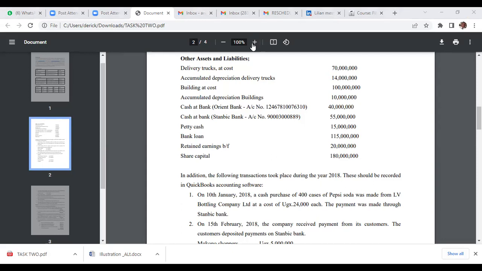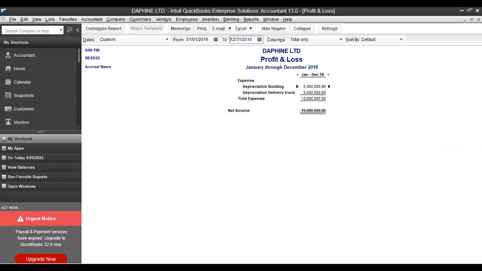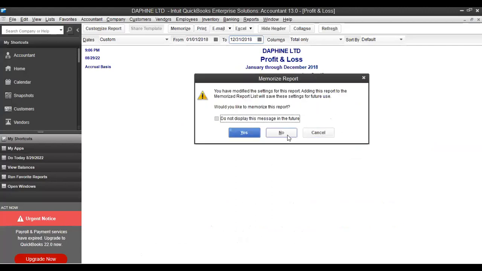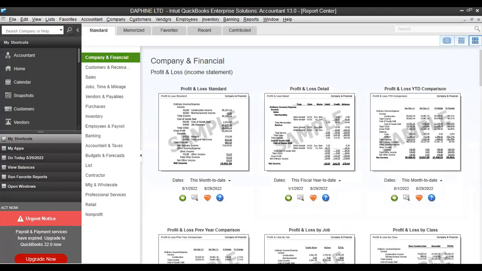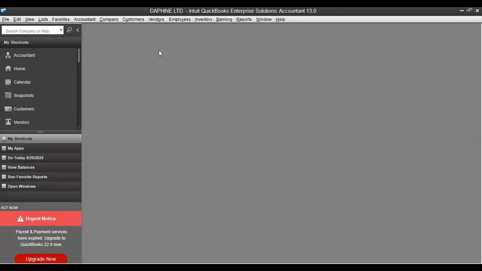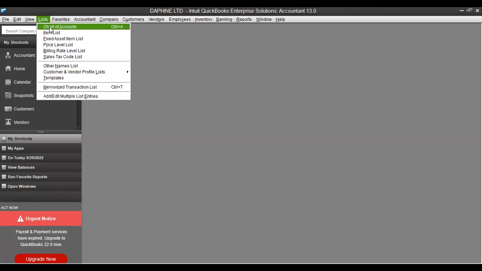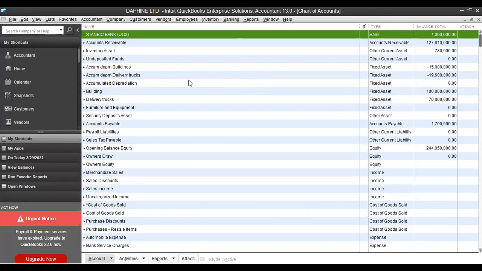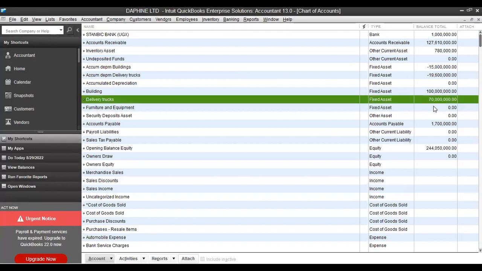Chart of accounts is under lists, then chart of accounts, then expand. So when you look for the delivery truck, you find it at 70M. That is the cost. Now you also look for its accumulated depreciation, which is here.